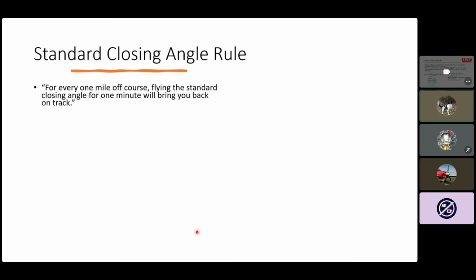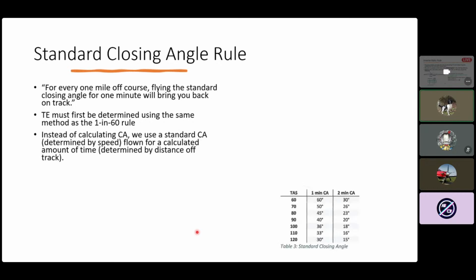So for every 1 mile off course, flying the standard closing angle for 1 minute will bring you back on track. So you still have to calculate the track error to be determined using the 1 in 60 rule as before, but instead of calculating a specific closing angle, we're going to use a standard closing angle.